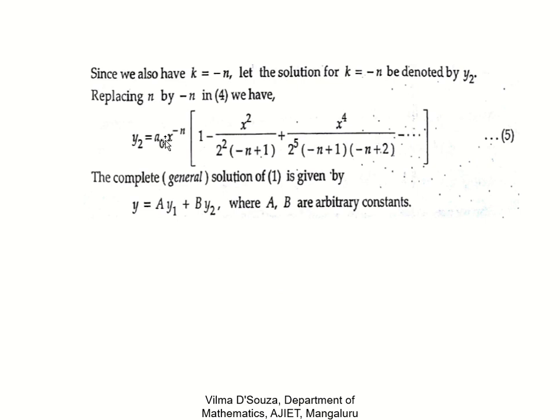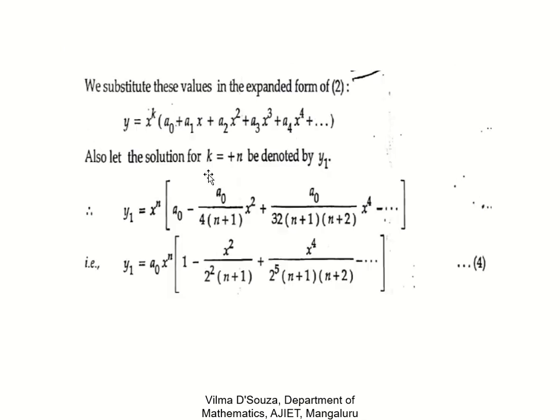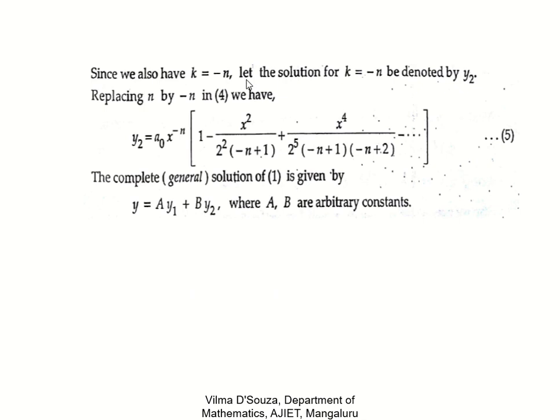So next we shall move on to k is equal to minus n. When k is equal to minus n, you are replacing n by minus n in this equation. This is when k is equal to n. Suppose what happens when k is equal to minus n. Wherever you have n, replace it by minus n, and we shall name the solution as y2.